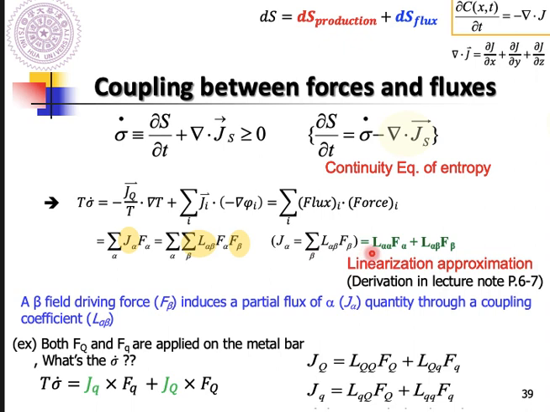Based on these results, we can write down the heat flux. The heat flux JQ is directly driven by the temperature gradient, right? But because there exists an electrical potential gradient, this driving force also contributes to the heat flux by this L capital Q small q, right? So we can write it down like this. And I just want to explain how we write down the coefficient.